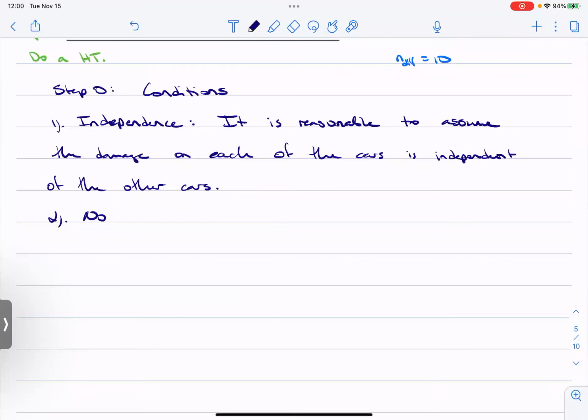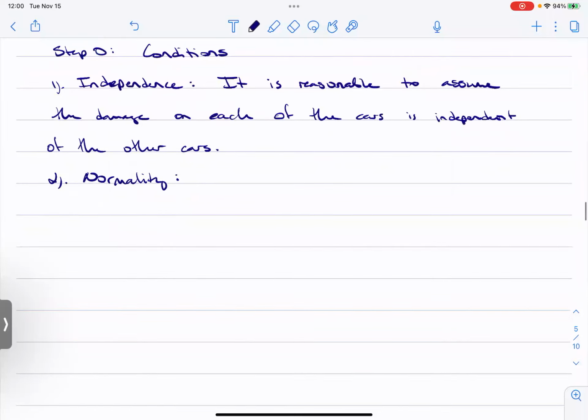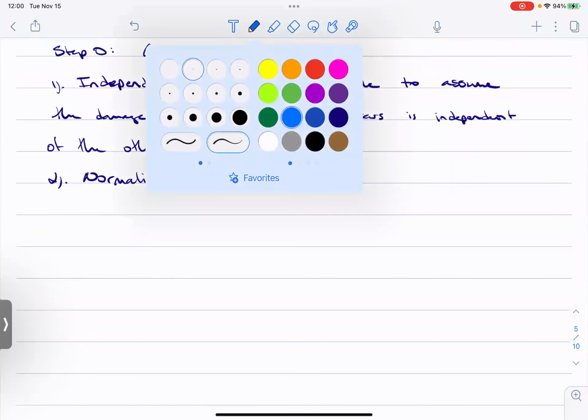The normality condition. I think the easiest way would be to make a histogram and just make sure, does it look approximately normal? I don't want to do that, and that's fine. I'll show you another way that we could do it.